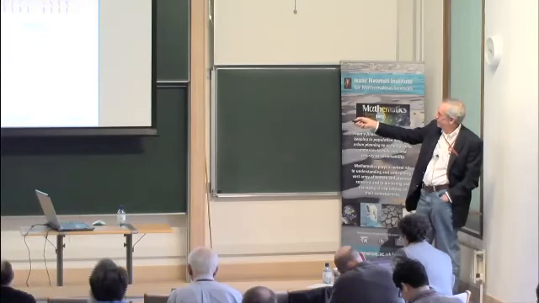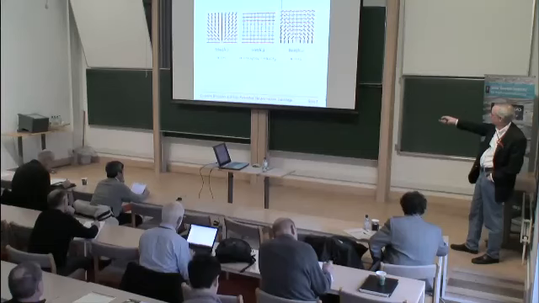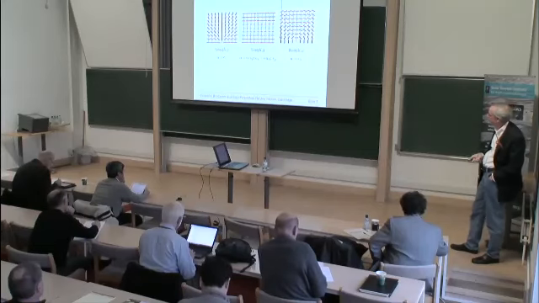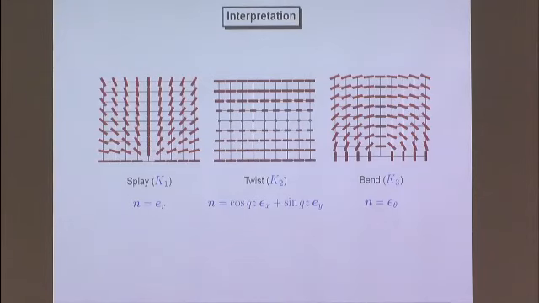And finally, the bend term would correspond in a cylindrical coordinate system to a director field that just goes like the theta hat unit vector. So each one of these terms just exposes one of the elastic constants, and this is why they have acquired these nicknames.